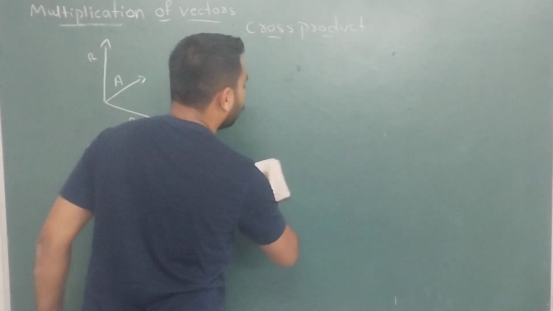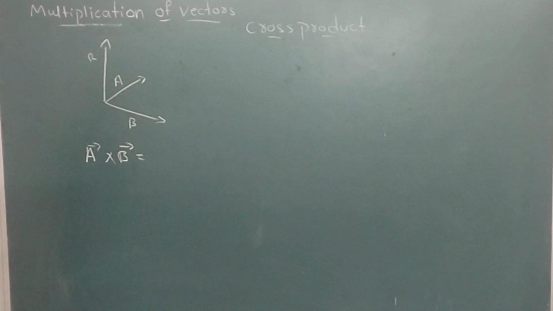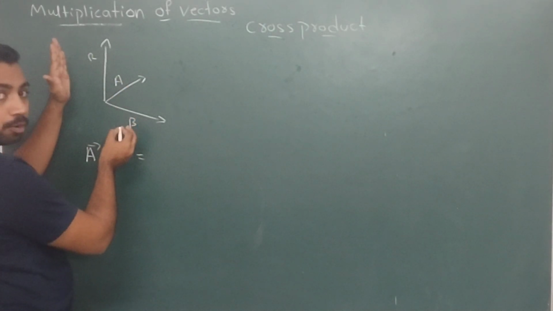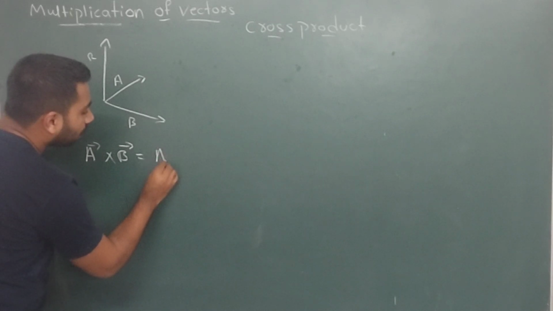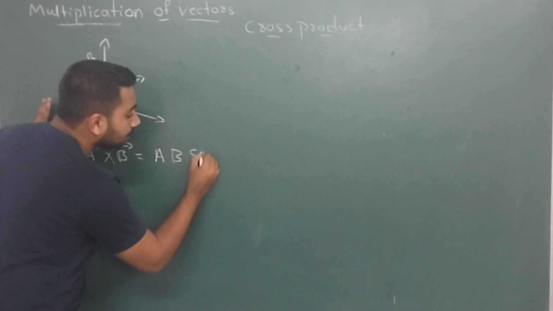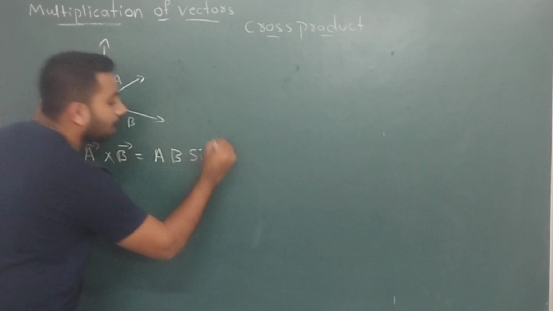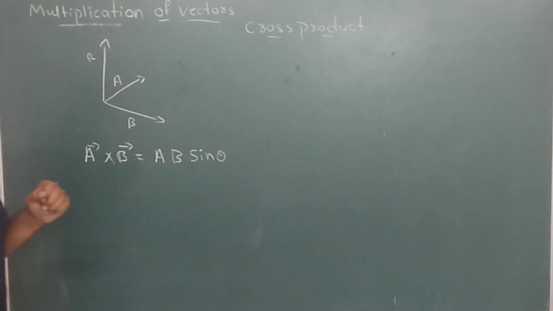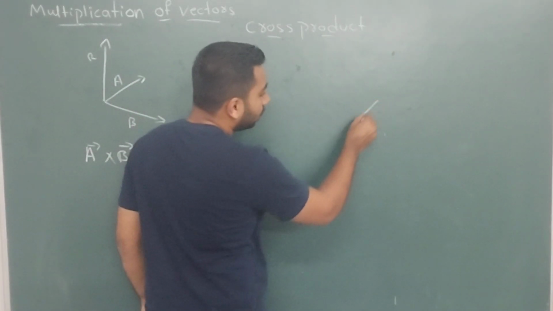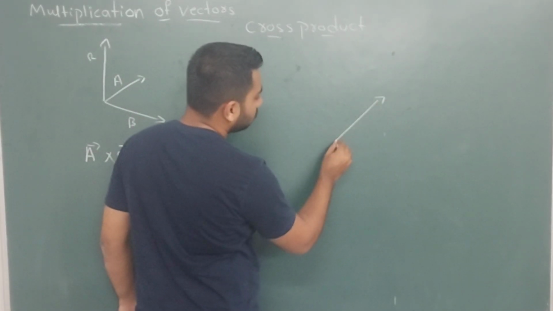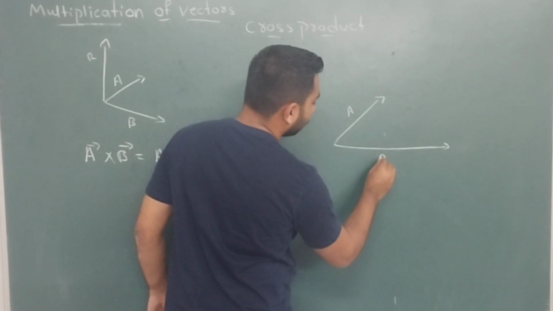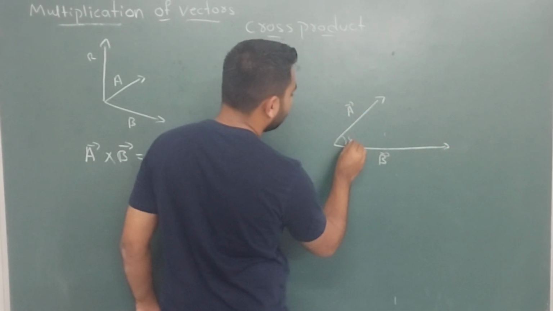Now this is your cross product. When you do the cross product of two vectors, your resultant will be perpendicular, and its magnitude will be magnitude of A, magnitude of B, sine theta. And there is one more thing. Let us write here neatly. Two vectors, vector A and vector B, with some angle theta.